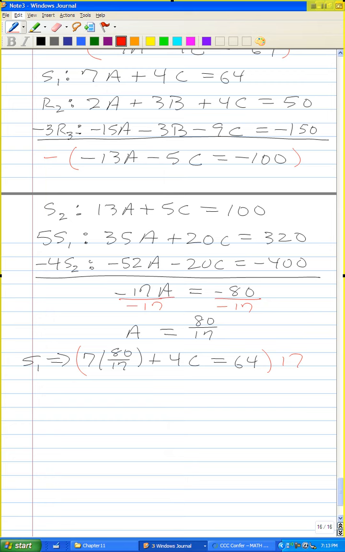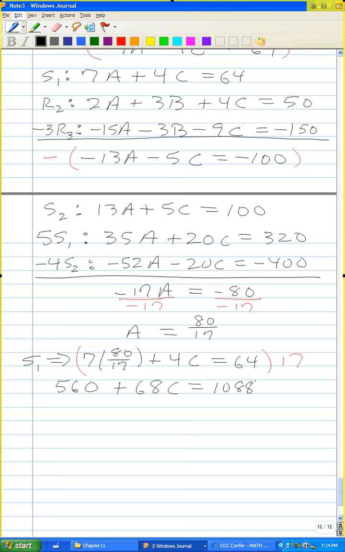So 7 times 80, 560. The 17s cancel. 17 times 4 is 68, so plus 68C is equal to 64 times 17, 1088.